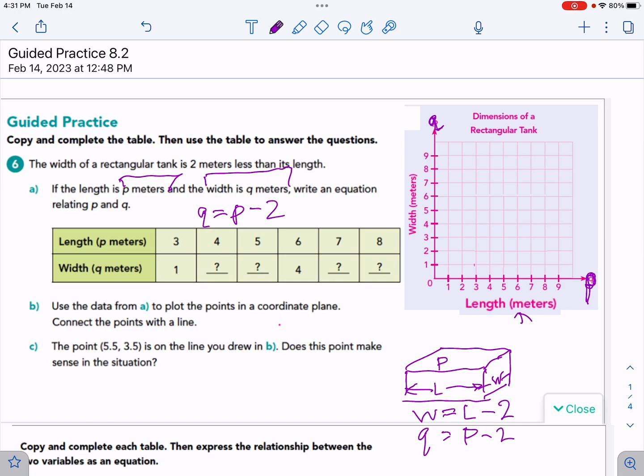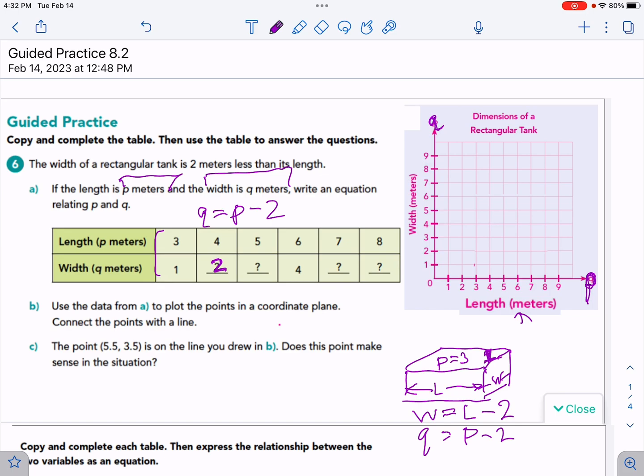Now we have to figure out what is the width so that we can plot some of these points. Well, we know that if the length here, p, is 3, then the width here is going to be 1, okay? So we're just going to subtract 2 in order to find what it is. They've already done that on this first bit of data. And the second one, if the length is 4, 4 minus 2 is 2. So I'm going to put a 2 here over this question mark.